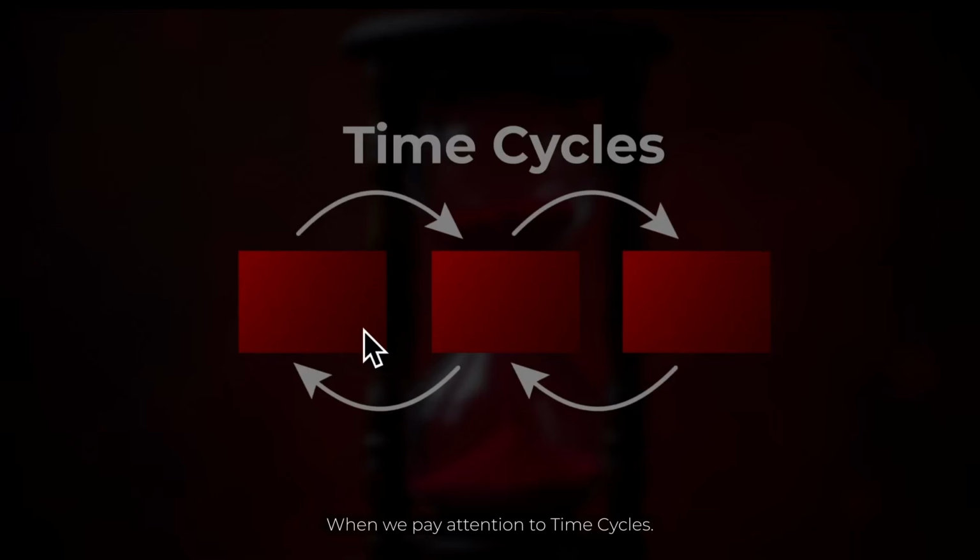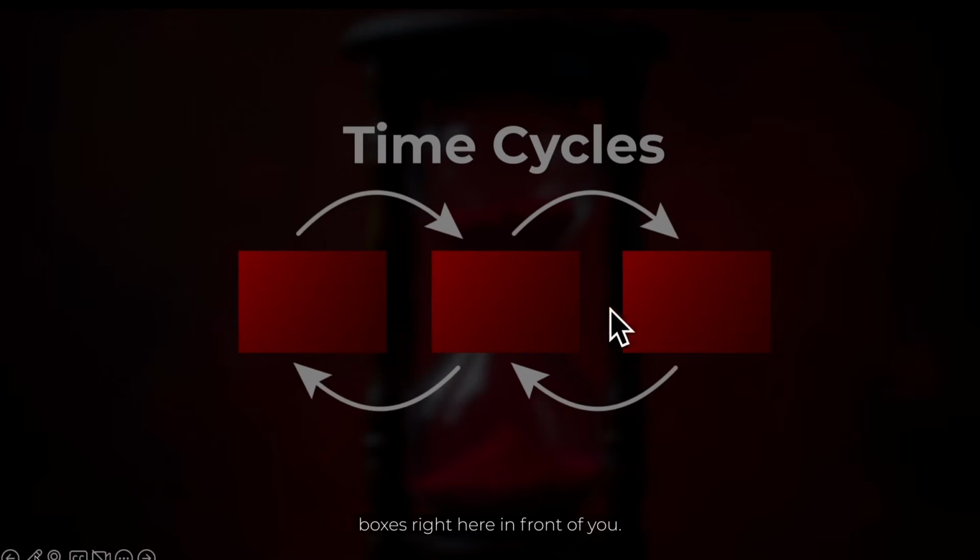When we pay attention to time cycles, the logic is the following. What you must see is that I have three boxes right here in front of you. Inside of these three boxes, there are time cycles taking place, meaning box 1 is time cycle 1, box 2 is time cycle 2, and box 3 is time cycle 3. Now these boxes can represent whatever time cycle you are looking at.